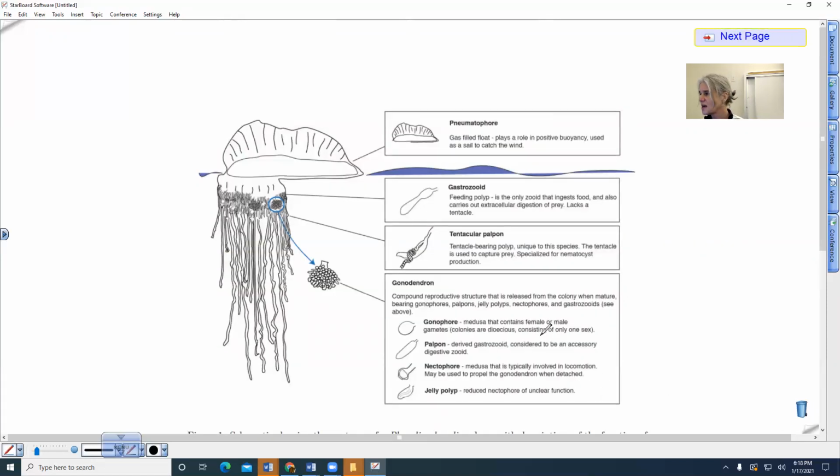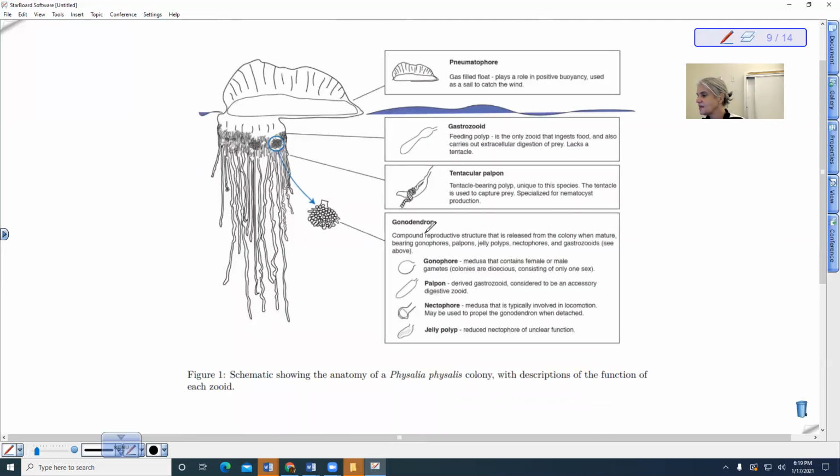You don't need to know this, but we have the gastrozooid. This is a polyp that is feeding. We have a tentacle polyp, and this one is used to capture prey. And then we have the gonodendron, the gonophores. These are reproductive polyps.